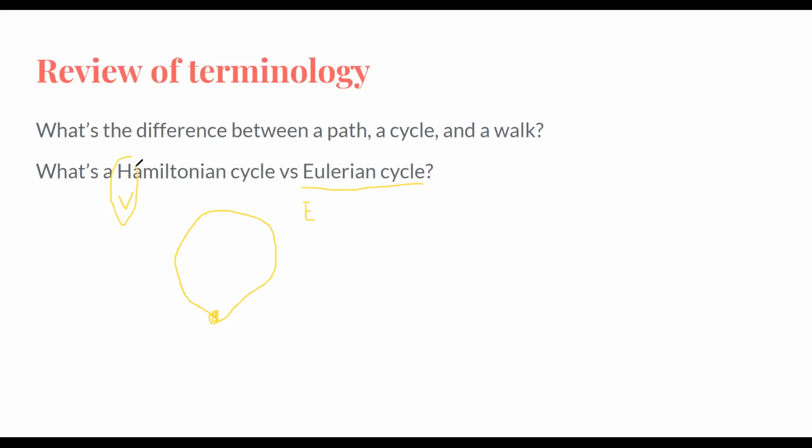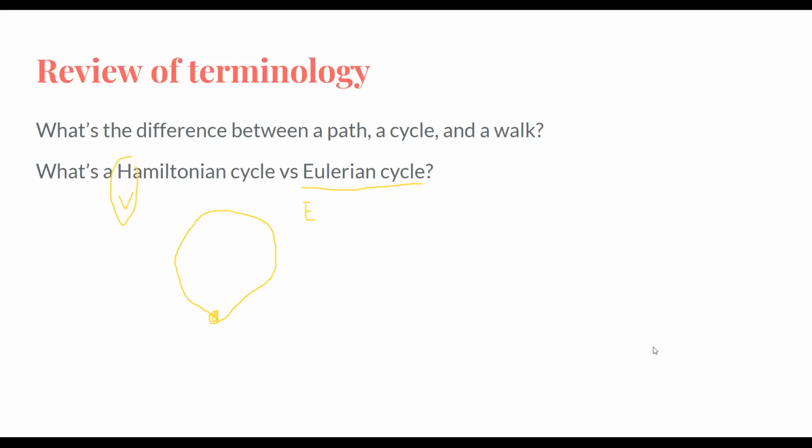So what about the first question? Does anyone remember the difference between a path, a cycle, and a walk? I see someone typed in chat, a cycle starts and ends at the same spot.